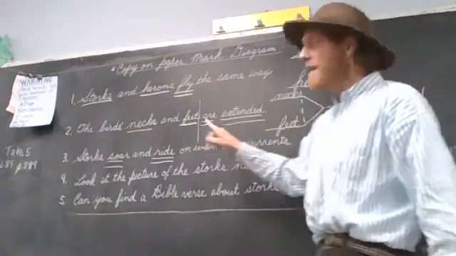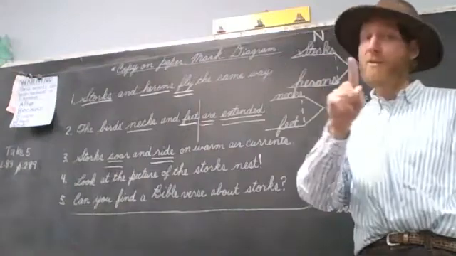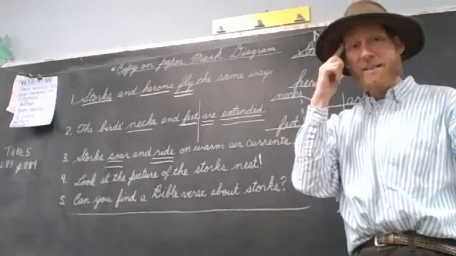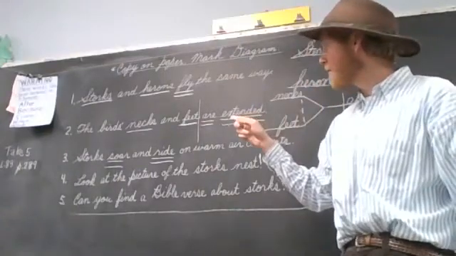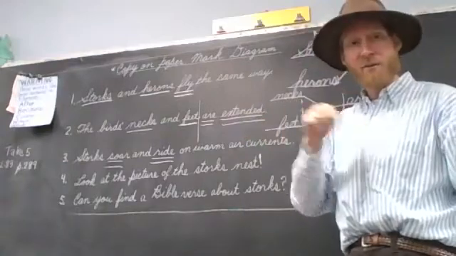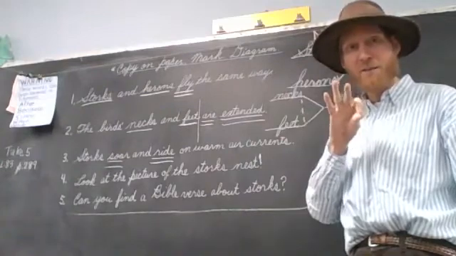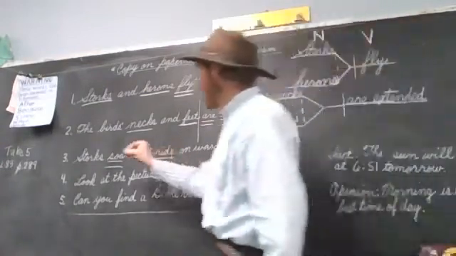Then what question are you going to ask? Now, make sure you're asking that question in your head. Who soars? What soars? What rides? Who rides? Ask those questions. And the answer to that is storks.